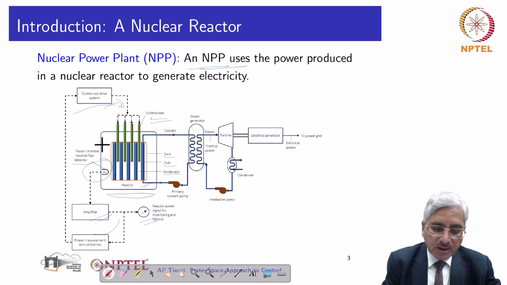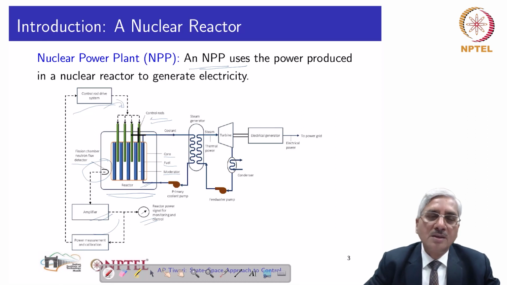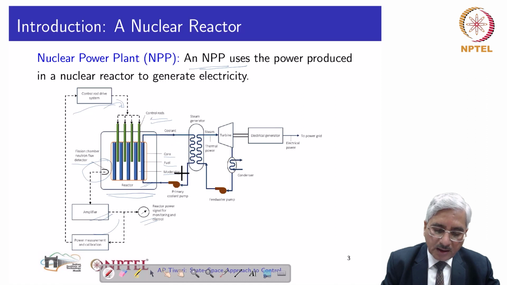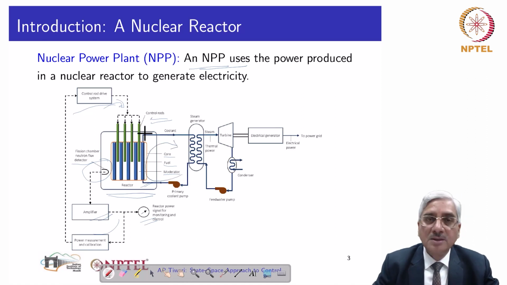The heat produced in the core, those 200 million electron volts generated in each fission, and there are 10 to the power 9 or even higher number of fissions taking place per second in the reactor, that much energy is conveyed by an appropriate coolant, which is pumped through the core.